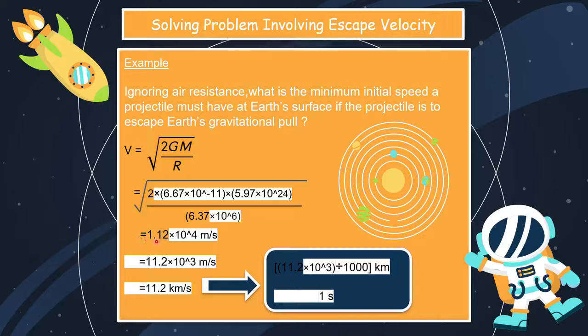So it's equal to 1.12 times 10 power 4 meter per second. The answer is equal to 11.2 times 10 power 3 meter per second. We can convert the answer into kilometer per second by using this formula. So the answer will be 11.2 kilometer per second.